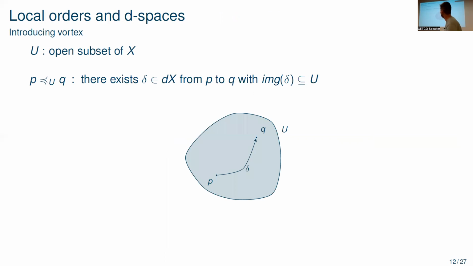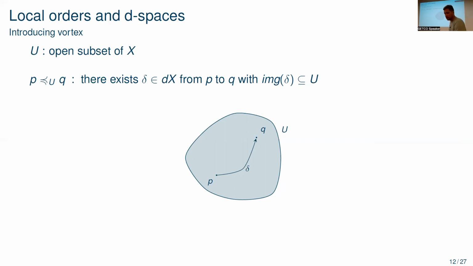And the way to do that is quite simple. You suppose that you have a D-space, so you have a chosen family of directed paths. You choose an open set, call it U, and you say that P is less than Q in U if you have a directed path from P to Q in U.